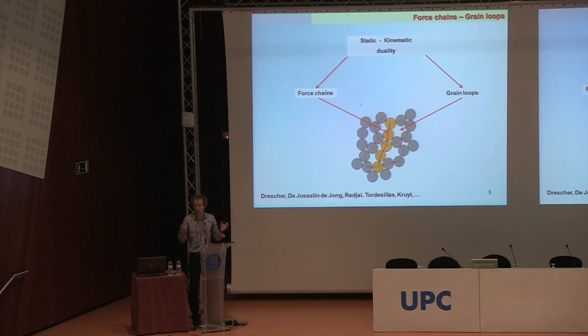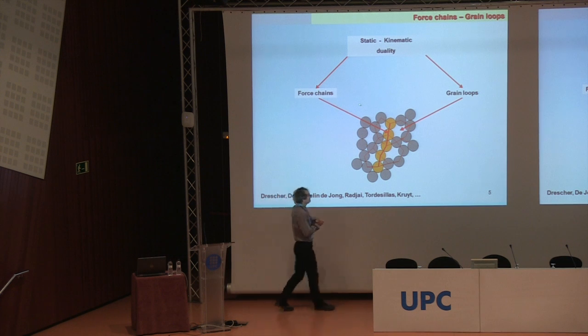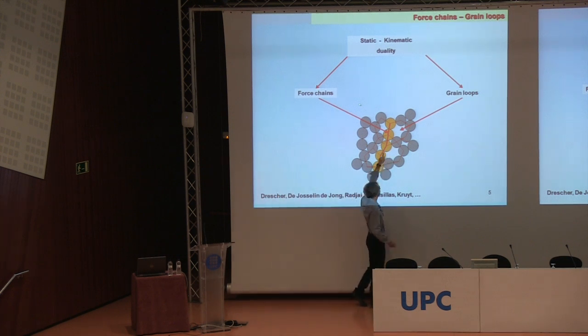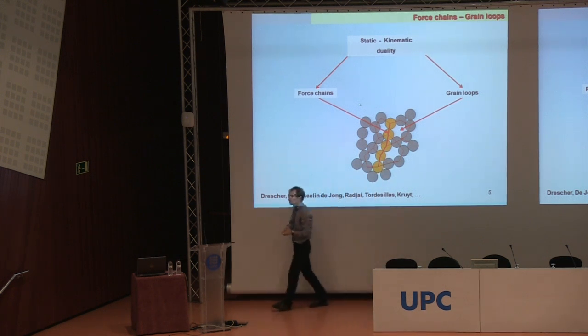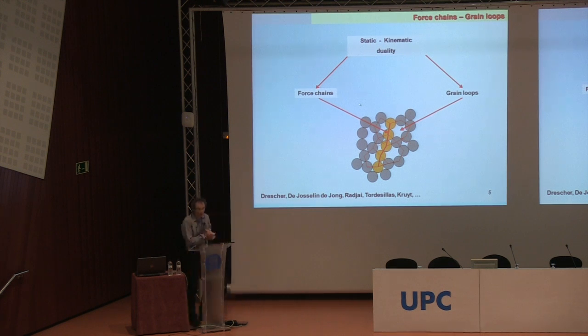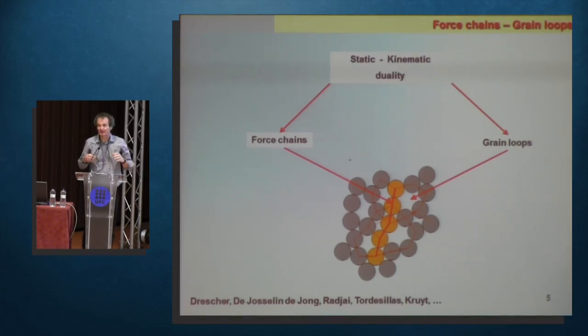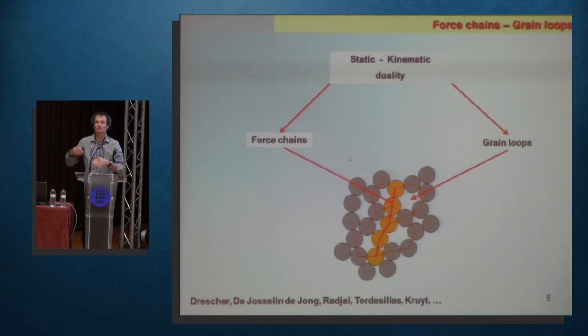And according to the number of grains you have in a loop, the stabilization of the force chains will not be the same. Thus, I am going to investigate the behavior of this kind of loops according to the number of grains. My presentation will be limited to 2D conditions, just to try to propose a framework that could be extended afterwards in 3D.